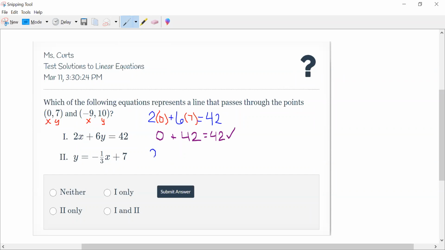So let's see. So 2 times -9 and 6 times 10.